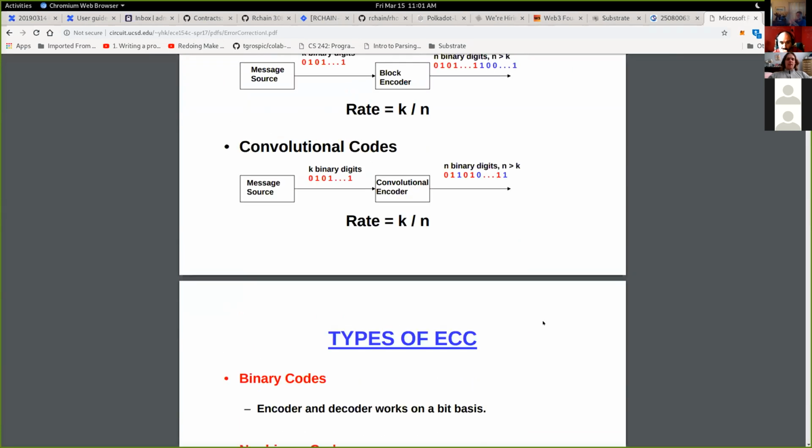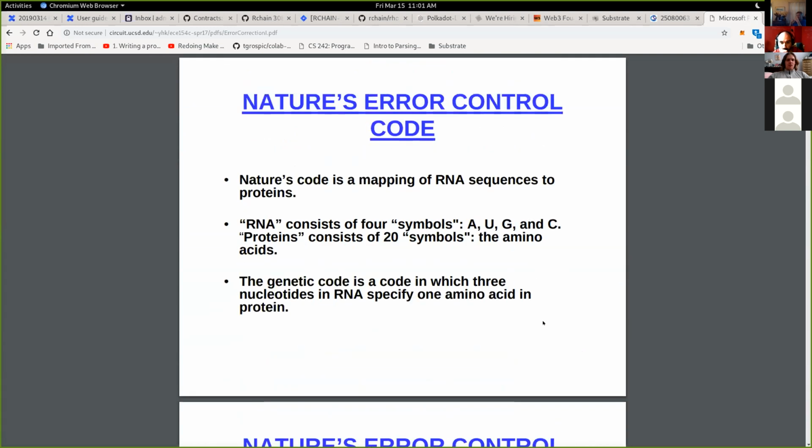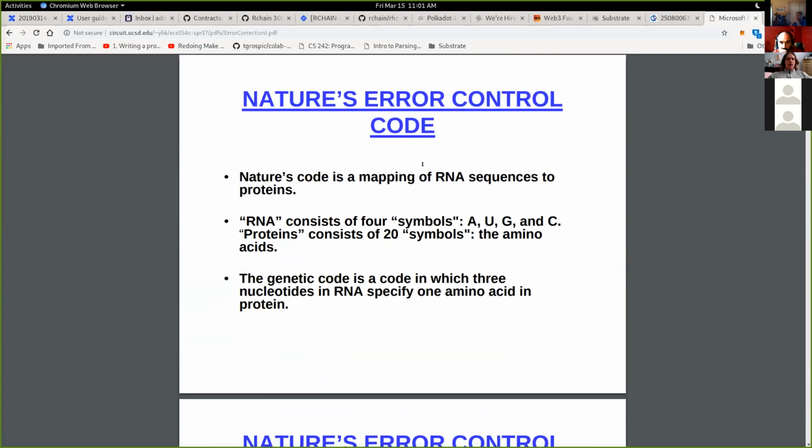And somewhere in here they were talking about nature's error correcting codes, where RNA sequences encode amino acids. Basically they were saying RNA has 4 possible symbols, and there's 20 different proteins we might care to represent or spell with this RNA language.